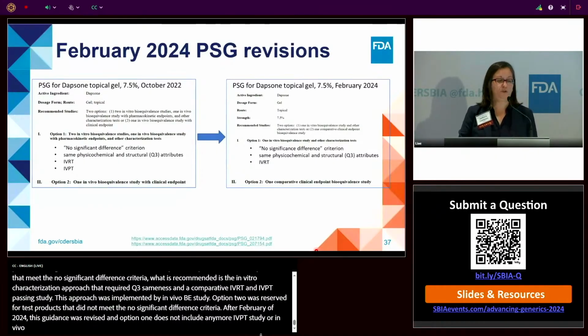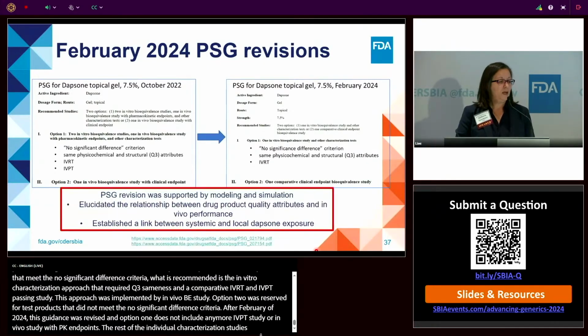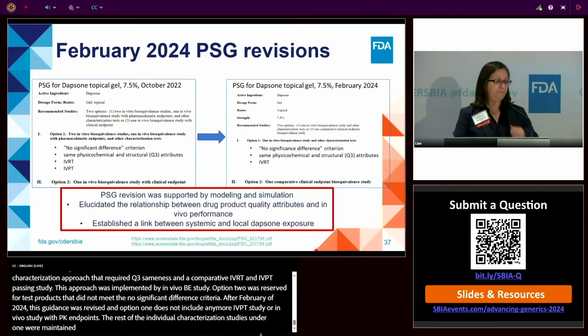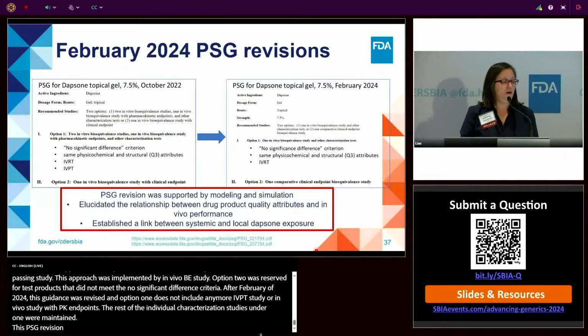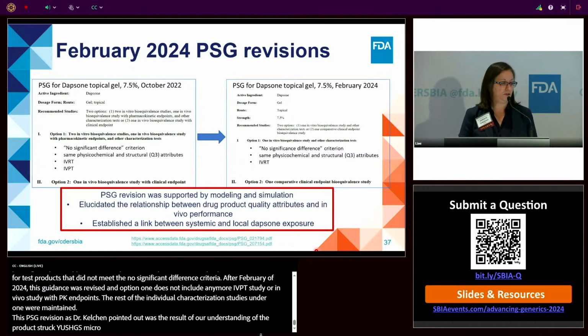The rest of the in vitro characterization studies under option 1 were maintained. This PSG revision, as Dr. Kelchen pointed out, was the result of our improved understanding of the product structure, microstructure, but it was also supported by modeling and simulation.